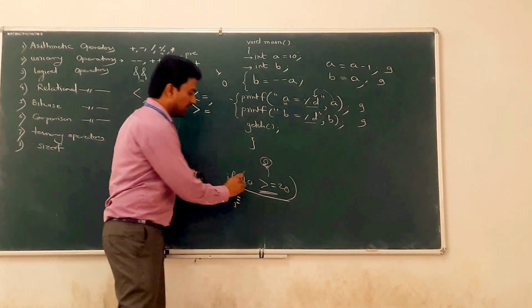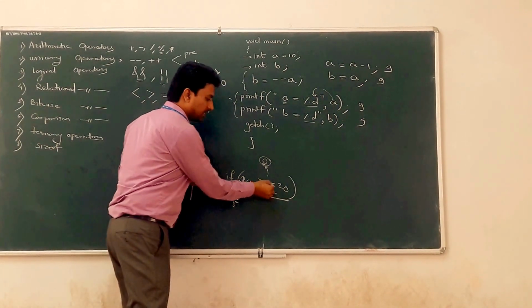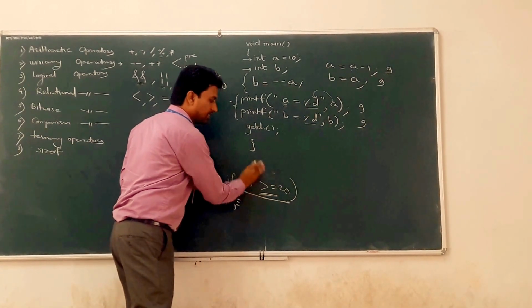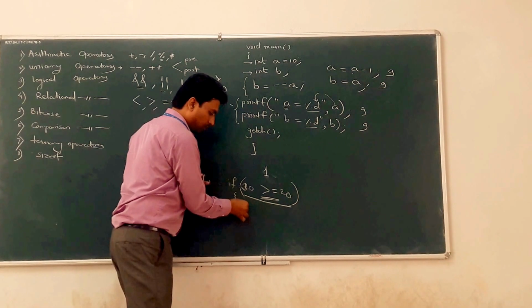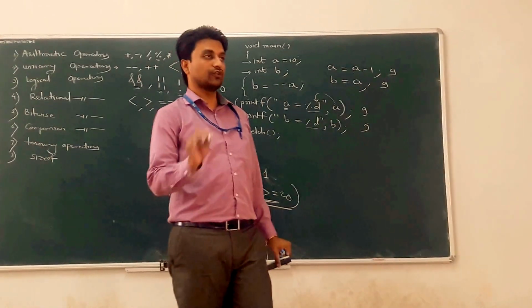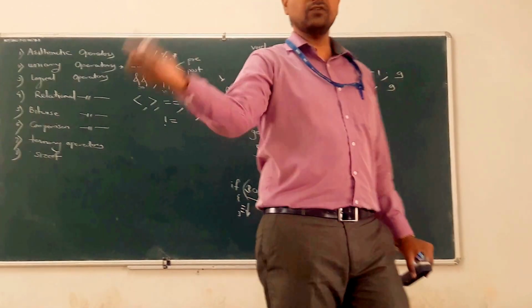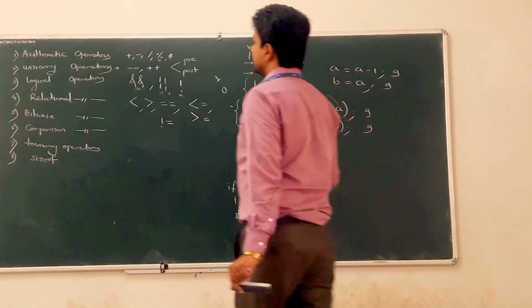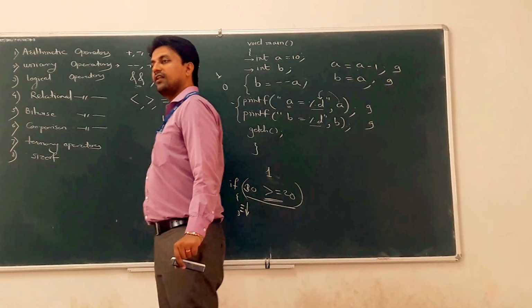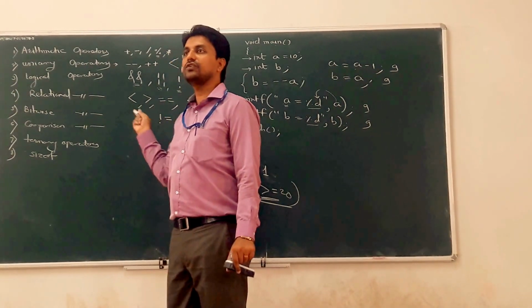Clear? And suppose 30 is greater than equal to 20, yes, it returns true, that is 1. If 1, then the body of the if gets executed. That is the meaning, but we have to study it next. So this is called a relational operator, which gives you a relation.